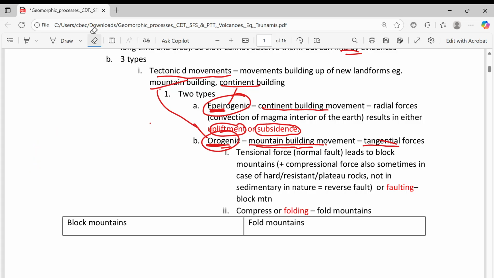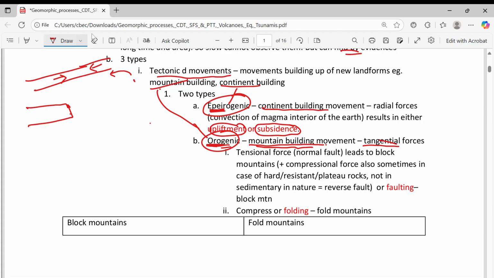There are plates. The earth is not a single plate. There are many plates. So let's say this is one plate. Now what happens? This magma is pushing this plate here and this plate here. Here the source of magma is coming like this, and here the source of magma is coming like this.